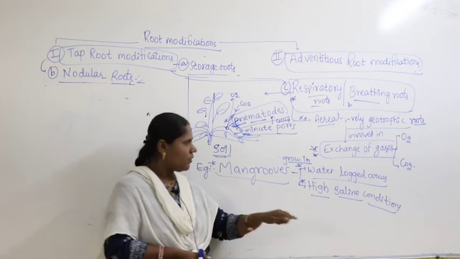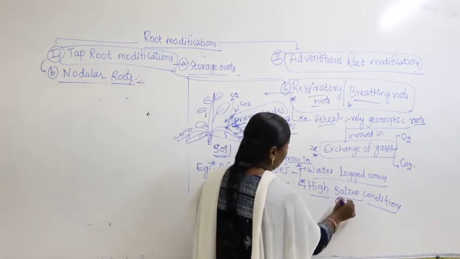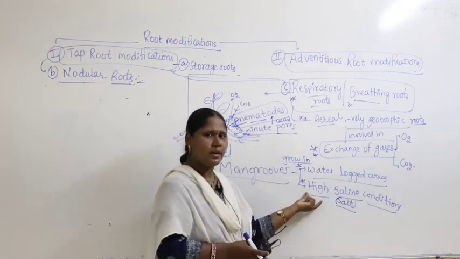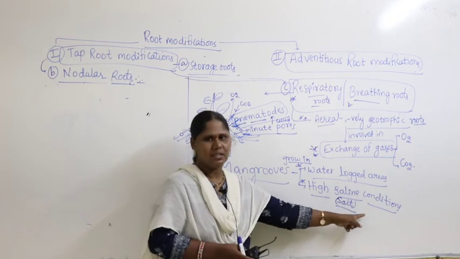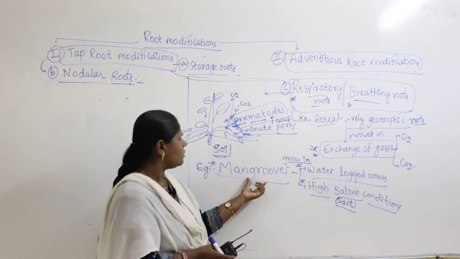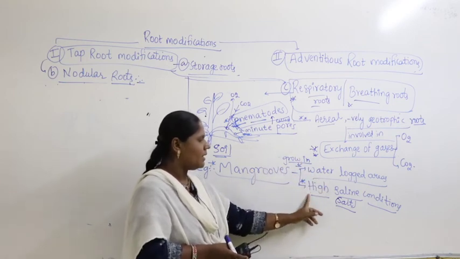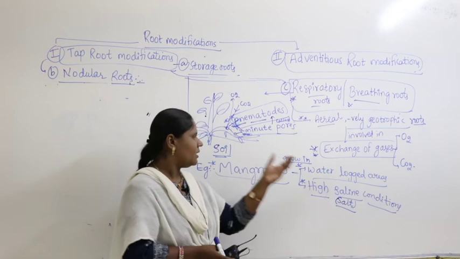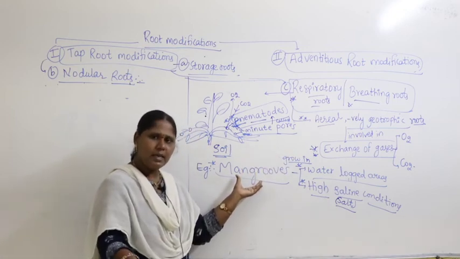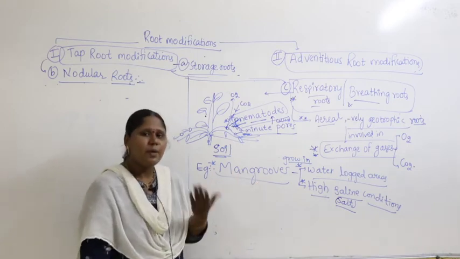At that place you generally find high salt concentration. Saline means salt. So mangroves are the plants which grow in waterlogged areas and in highly saline conditions. In highly saline, salted soils, they cannot respire properly.